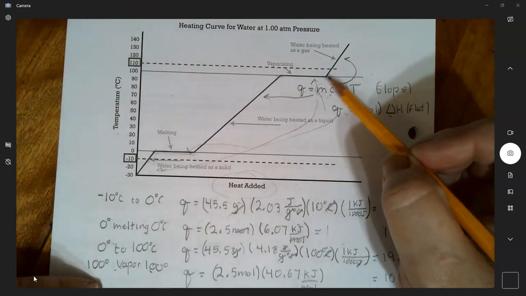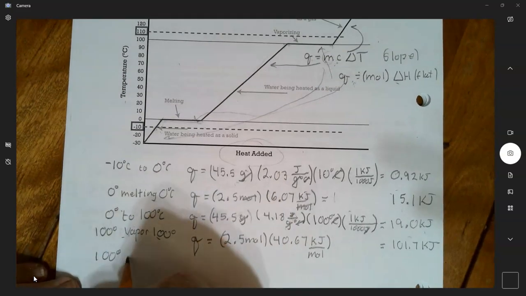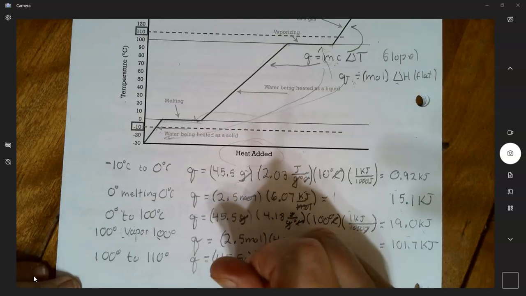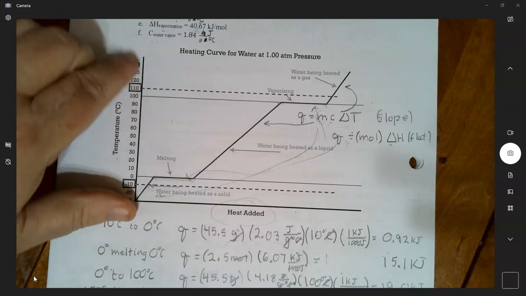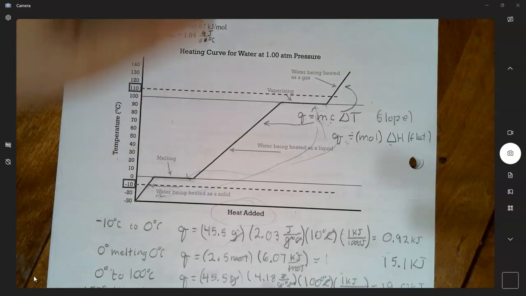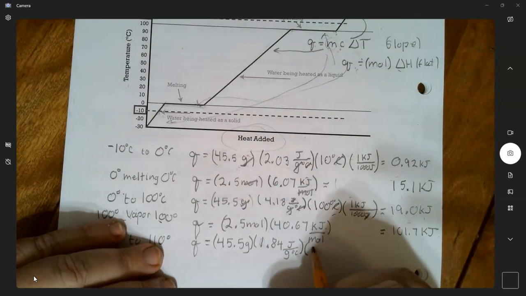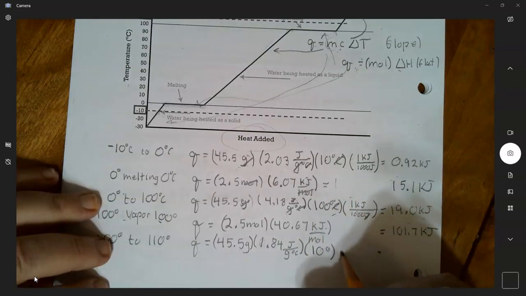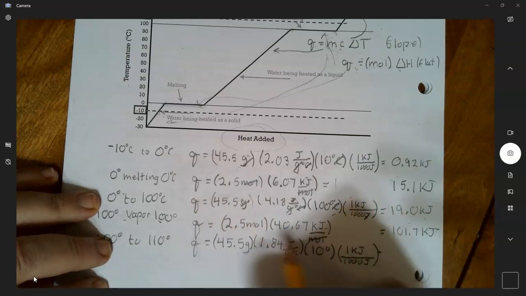Now we've got the last little piece to do here. You have to go from 100 degrees to 110 degrees, and that's a slope. And we have to use the specific heat of steam, or of vapor. Okay, and that is right here, the C of water vapor, 1.84. And the change in temperature, we're going from 100 to 110, so that's 10 degrees. And then we need to make our conversion to kilojoules. Okay, and I didn't do my cancellation again here, so moles and moles cancel.